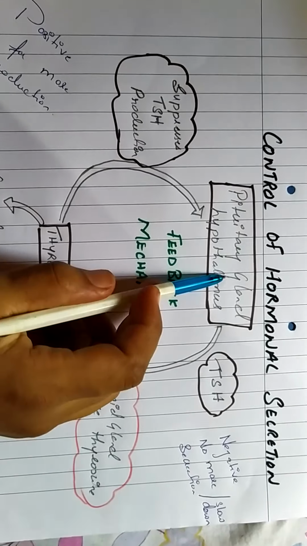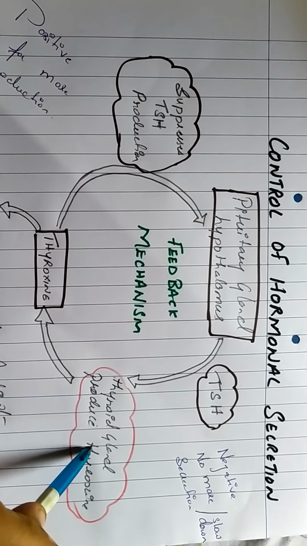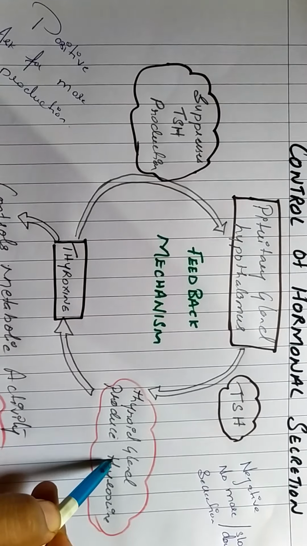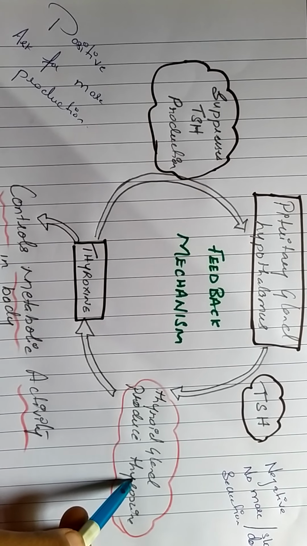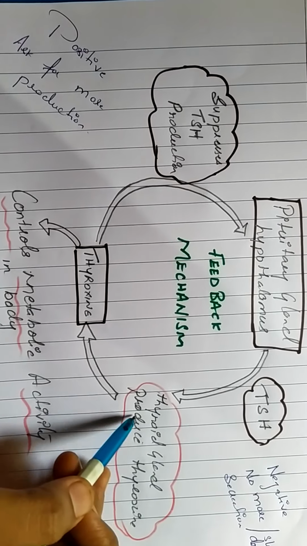When the level of thyroxine hormone in the blood is very high, it has a negative feedback effect on the hypothalamus and the anterior lobe of the pituitary. They are slowed down, hence there will be no release of thyroid stimulating hormones.